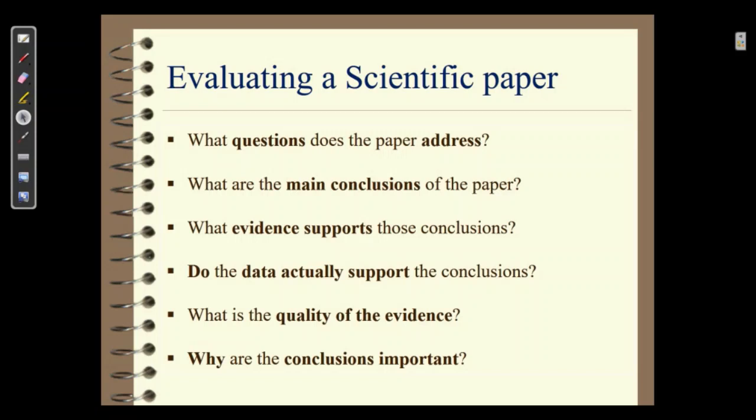And then, is that conclusion or the question addressed supported by the evidence, the data, and the quality of the evidence, and so on. This is the way we have to evaluate the scientific paper.